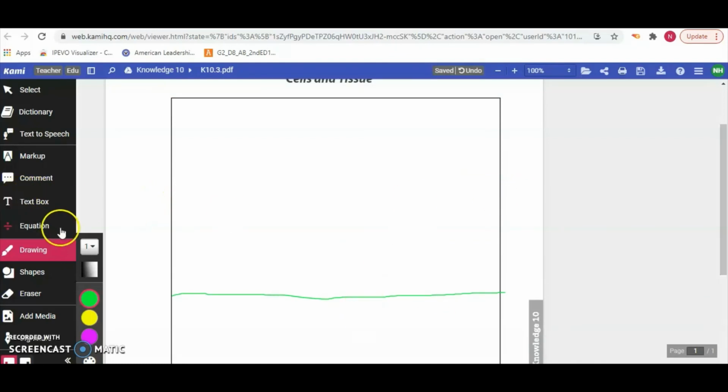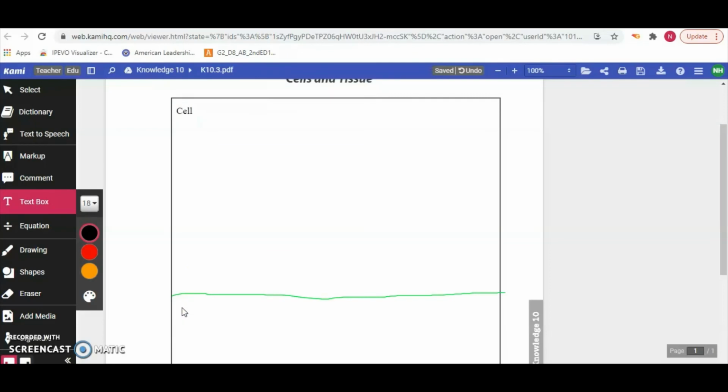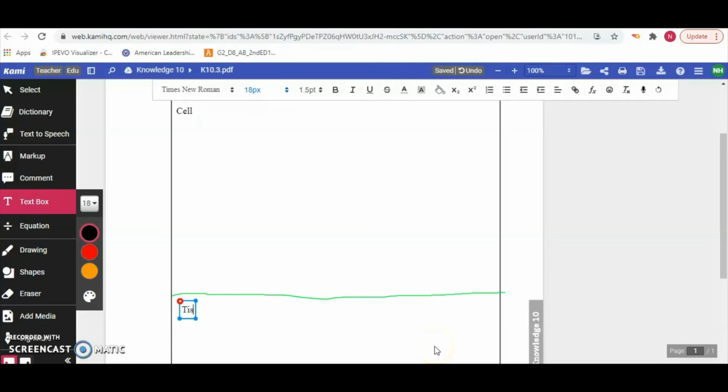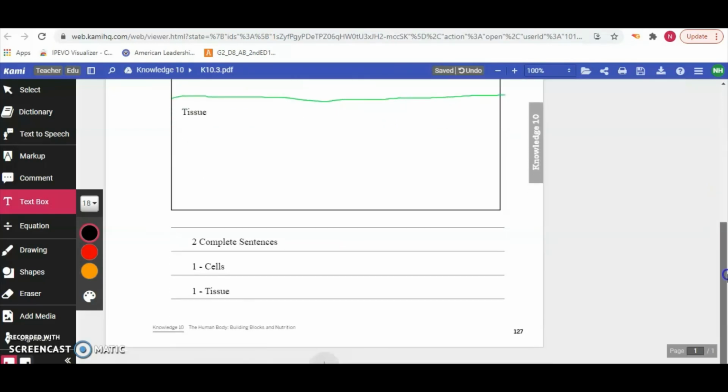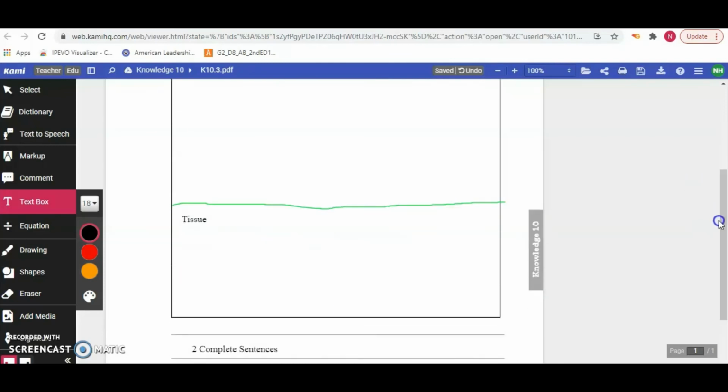That's okay. On one half, I want you to draw a picture of a cell. And on the other half, I want you to draw a picture of some kind of tissue. So not only are we writing today, but we are drawing cells and tissue.